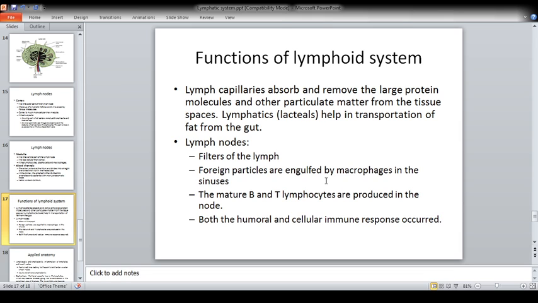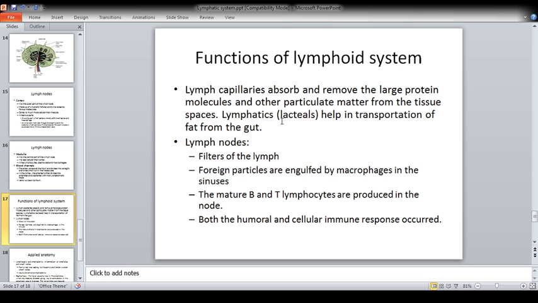There should not be larger proteins circulating in the blood, or large particles such as bacterial particles or viruses should not be present within the blood. Now what happens is, whenever these particles enter these small lymphatic channels, they are grabbed onto by macrophages that are present in the lymph node. Same thing happens in the spleen, and it would be removed from the capillaries.